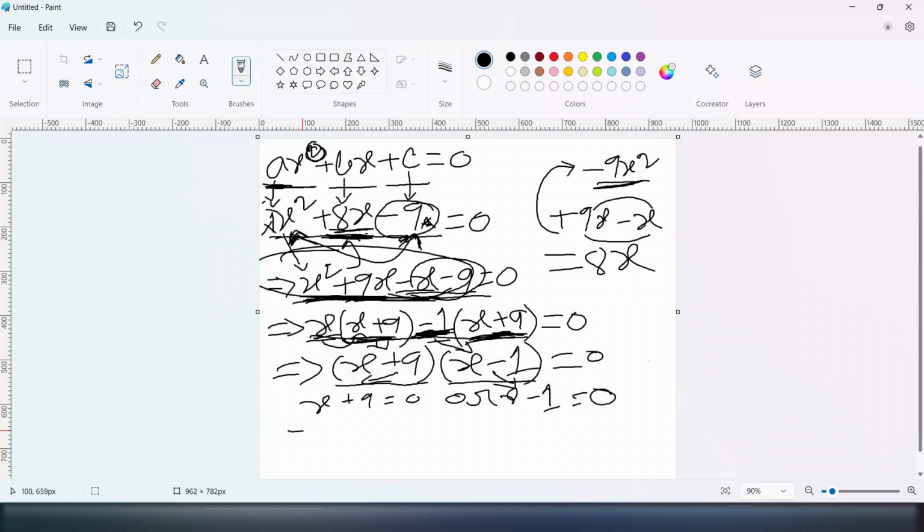Now, for one of the values of x on here, you have negative 9, right? If you add negative 9 on both sides, negative 9 and positive 9 go out, so you have only x here, and on this side you have 0 and negative 9, you only have negative 9. So one of the values of x is x equals negative 9, and on here you have x minus 1, right?